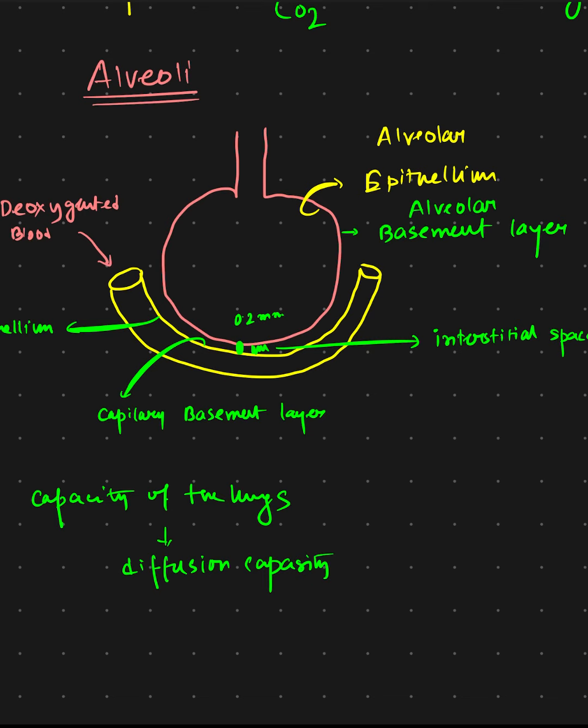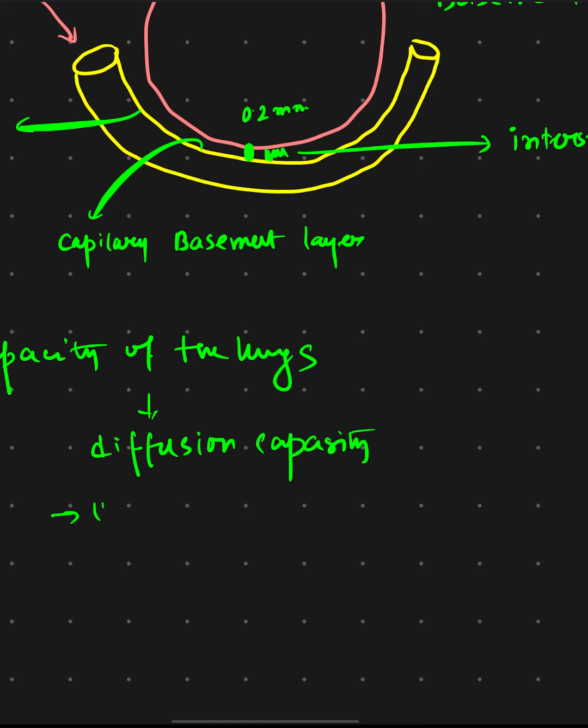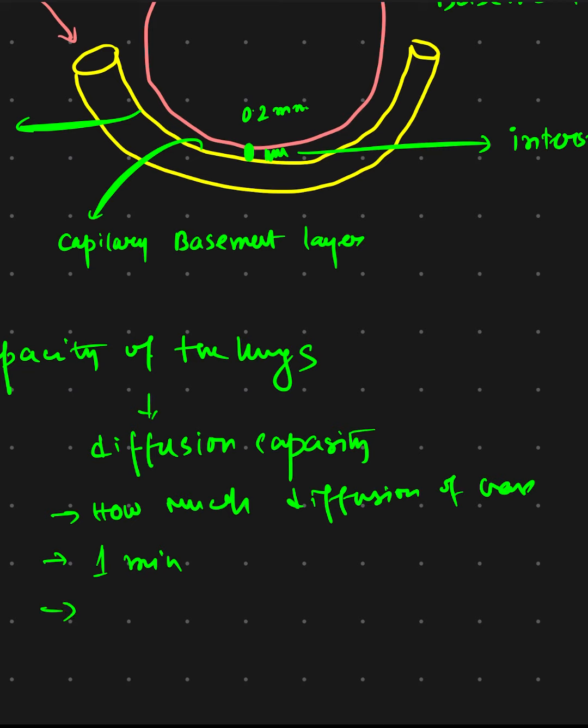What is the diffusion capacity? Diffusion capacity is how much diffusion of gas is occurring in the time of 1 minute and due to 1 mmHg difference of pressure.